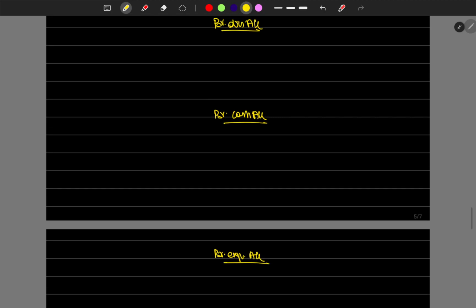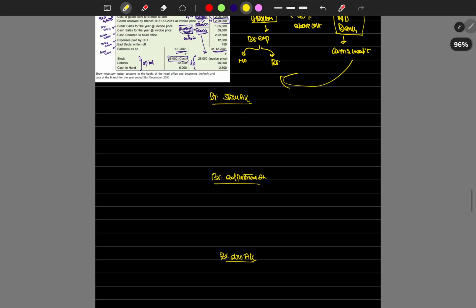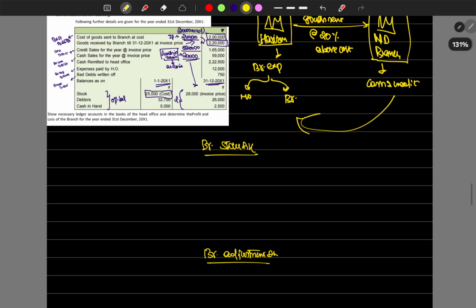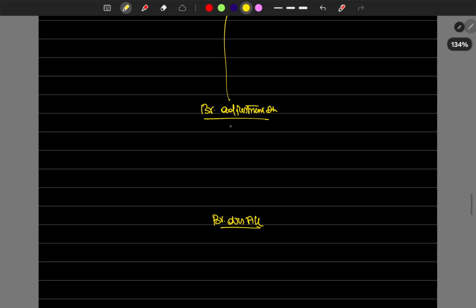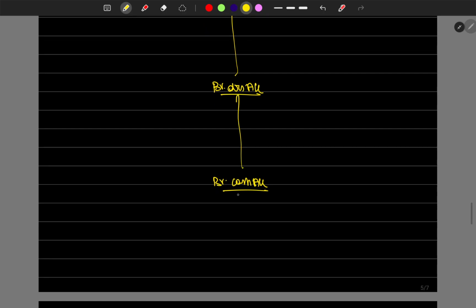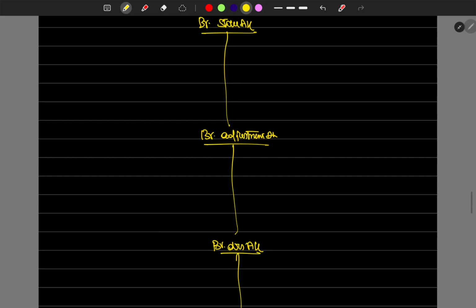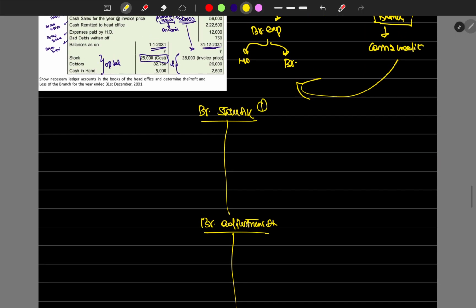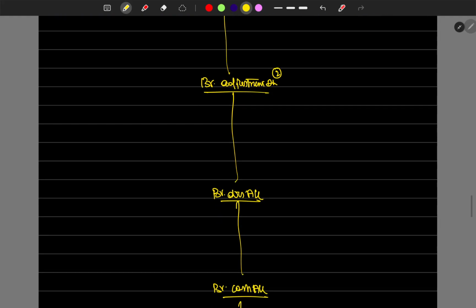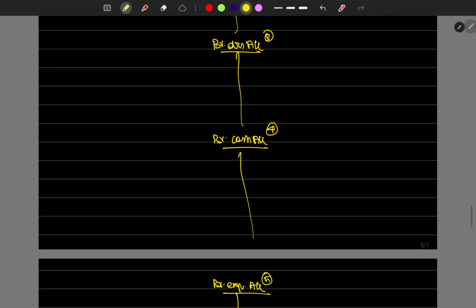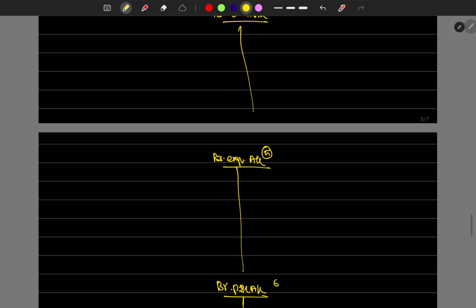That's it. We have opened all the ledgers required to solve this problem. This is the first ledger, second ledger, third ledger, fourth ledger, fifth and sixth.